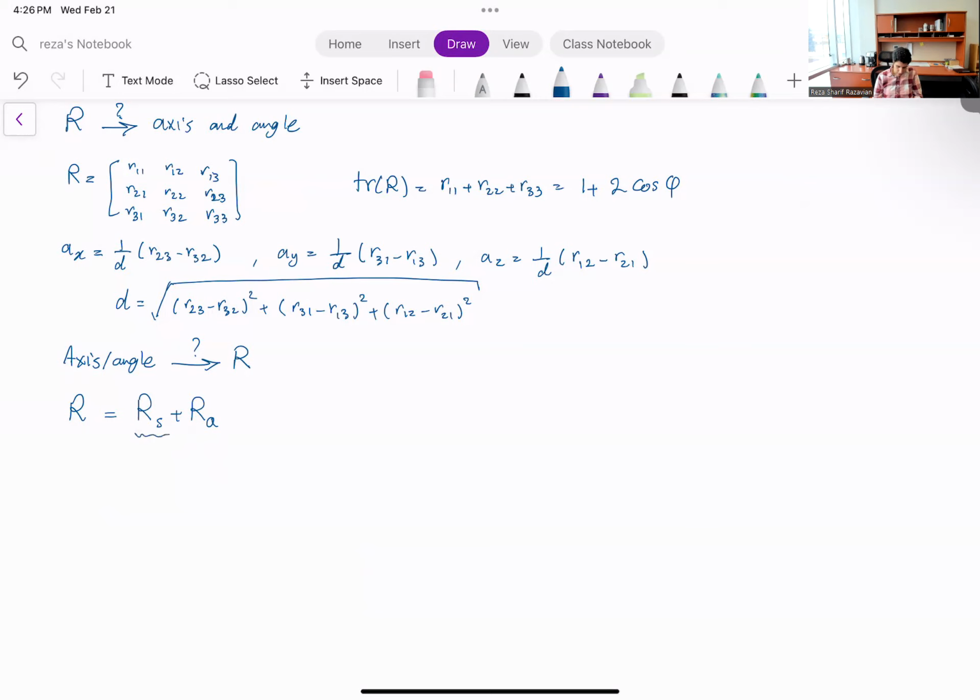RS is a symmetric matrix, and RA is anti-symmetric or skew symmetric.